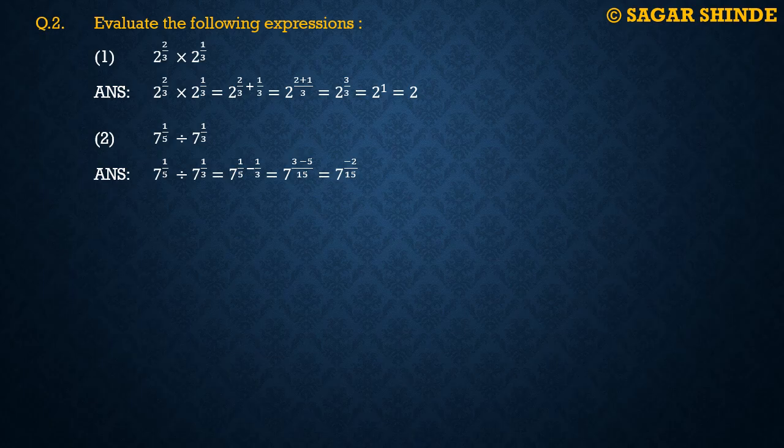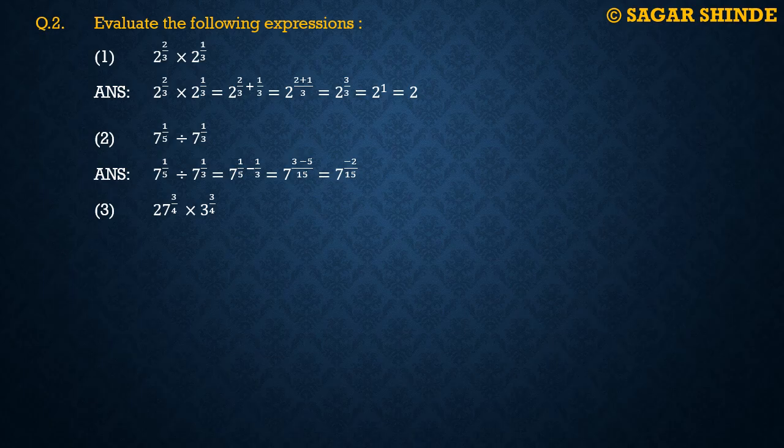So that is equal to 7 raised to minus 2 divided by 15. 3 minus 5 is nothing but minus 2. Why? Because if there are different signs, we give the sign of the greater number, which is negative, and then we subtract the numbers. 5 minus 3 will give us 2. So your answer is 7 raised to minus 2 upon 15.